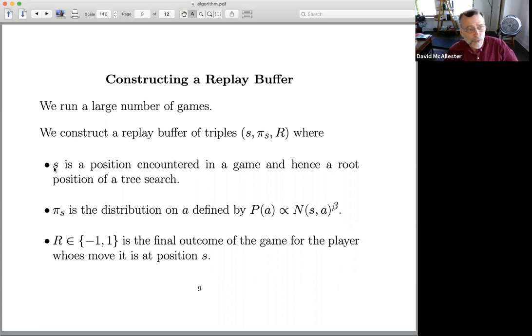So S is the root position of one of these search trees. It's a position encountered in the play of the game, a root position of one of the search trees that were constructed. This is the distribution over actions that was constructed on the previous slide for this state. And this is whether the game was ultimately won or lost. We're going to play a bunch of games to the end where they're ultimately won or lost.